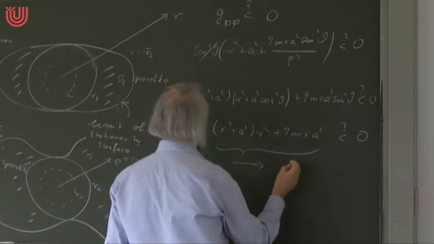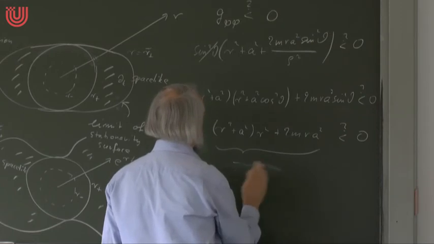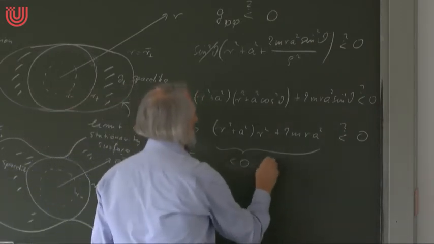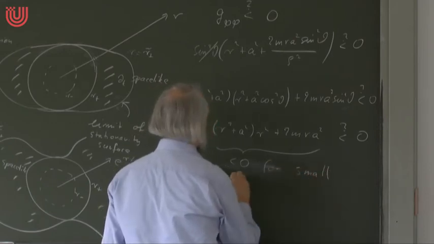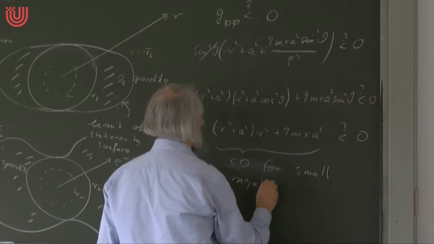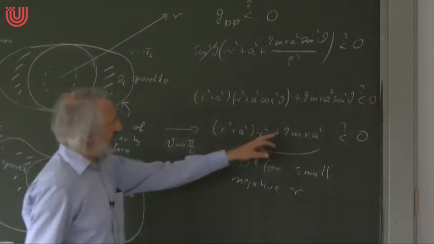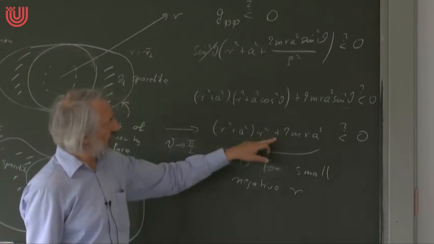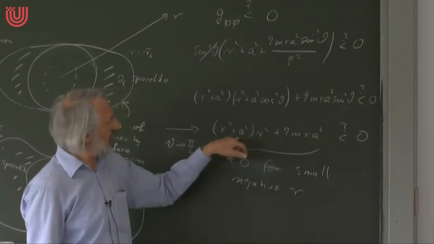This is negative for small negative r. If r is negative, then this term brings in a negative sign, so the whole thing would be smaller than 0 if the modulus of this term is bigger than this here.